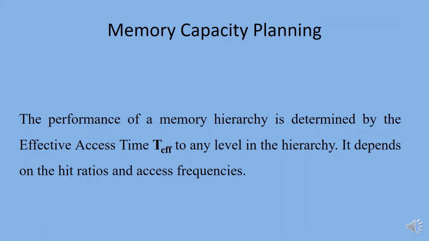Memory capacity planning. The performance of a memory hierarchy is determined by the effective access time T effective to any level in the hierarchy. It depends on the hit ratios and access frequencies.